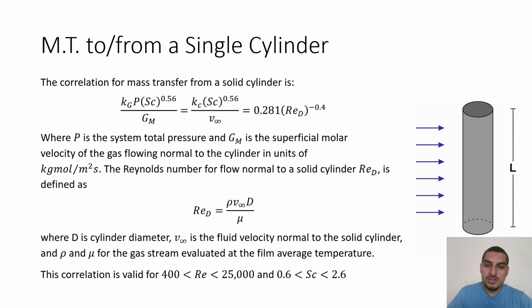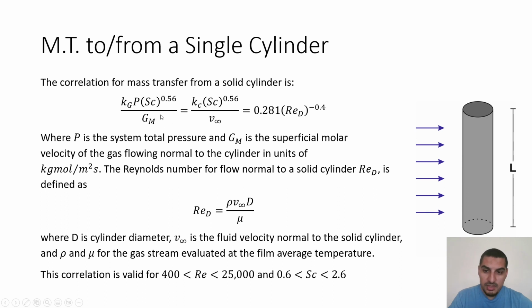But anyway, the shape here contains Kg multiplied by P, which is total pressure, Schmidt number to the power 0.56 divided by Gm. This is Kc multiplied by Schmidt number to the power 0.56 divided by V infinity, which is the gas phase velocity or the fluid velocity, normal to the cylinder, of course.